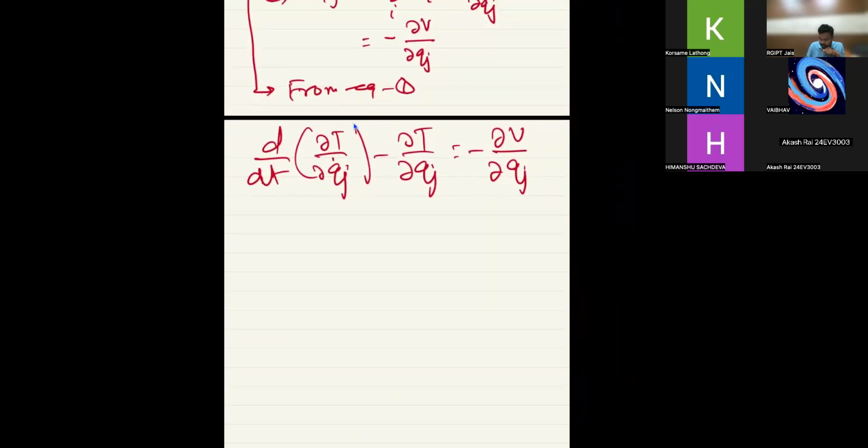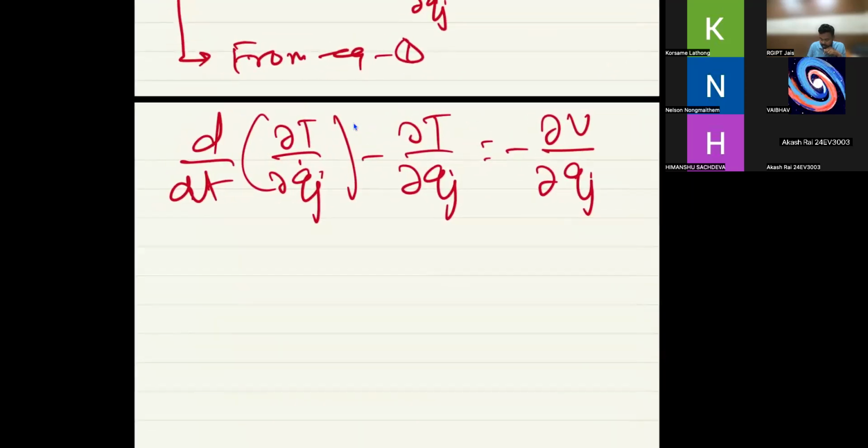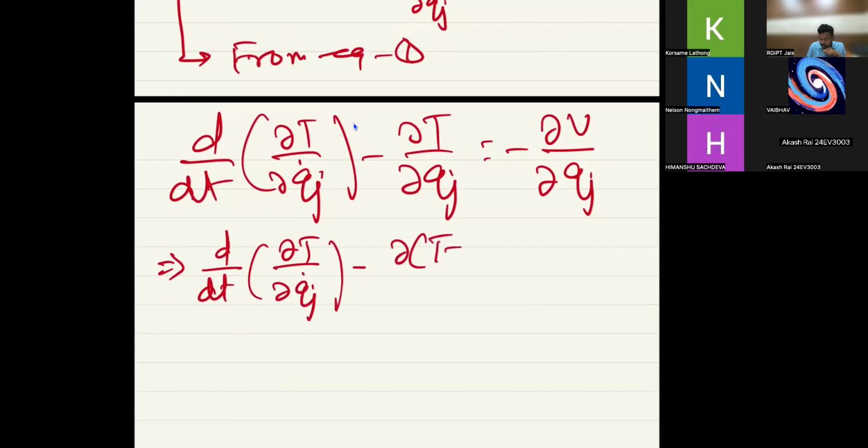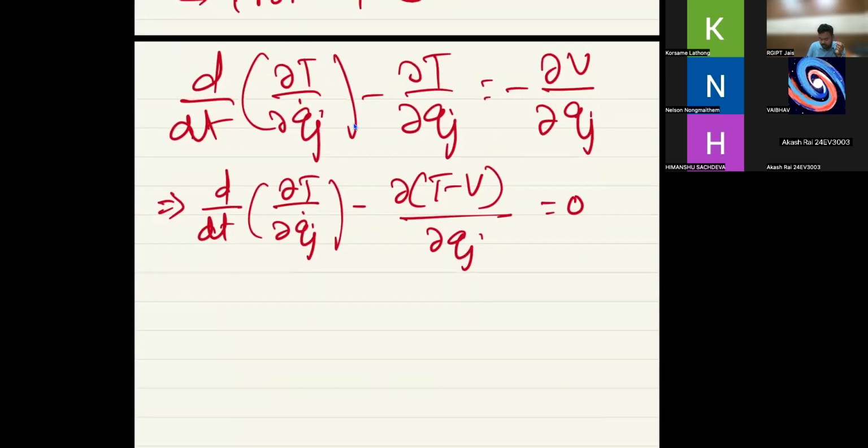This is what you will get. And then you can further write d dt of del T del Qj dot minus del T minus V del Qj. I took V to this side, so this will be T minus V, equal to 0.